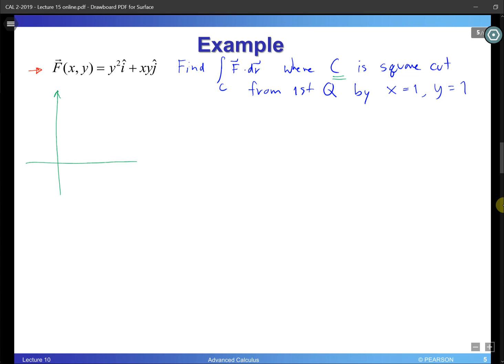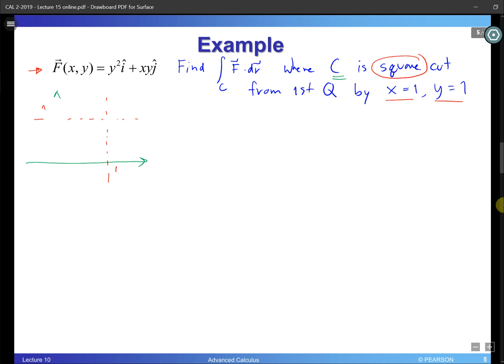So this C is going to be a square, right? This is something we know, and it's going to rely on the line x equal to 1 and y equal to 1. X equal to 1 right here, and y equal to 1 right here. And this curve is going to be a square cut from the first quadrant. Ooh, okay, I made a mistake.